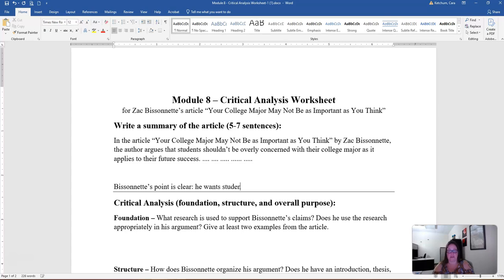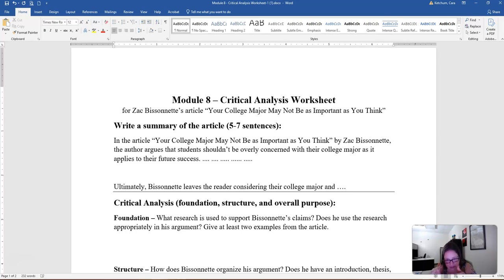He wants students to, maybe finish that, or leads the reader to consider their college major and what. So basically, the very last sentence of your summary is going to be the bottom line: what is the author leaving the reader with? What does he want them to know? What's the overall concern? Okay, that's a summary.